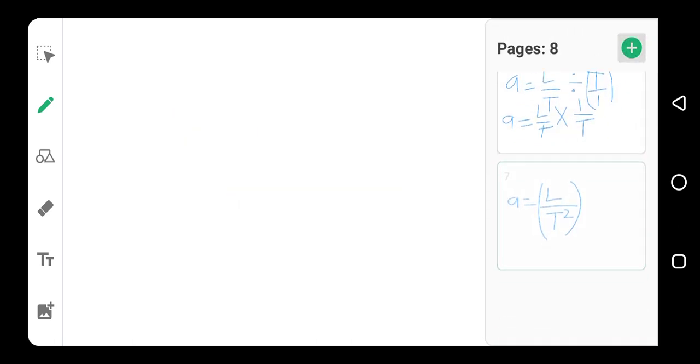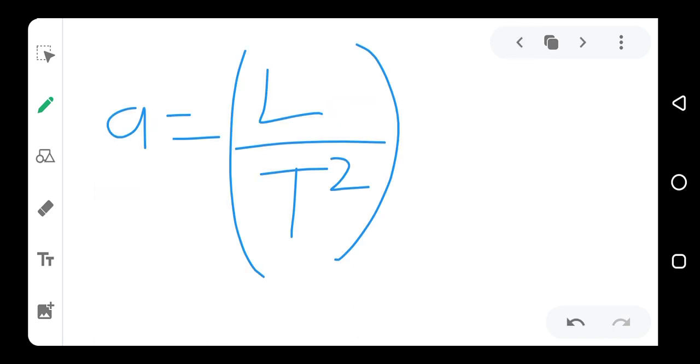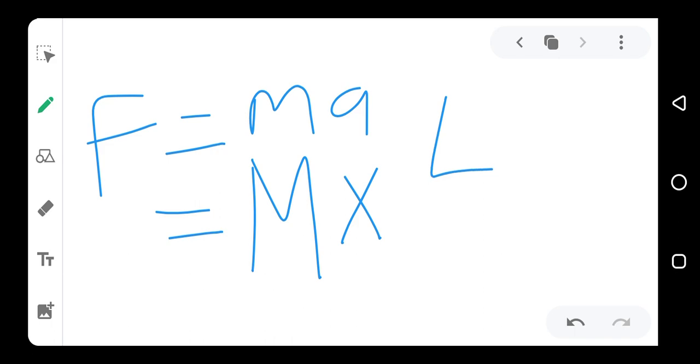So the final thing, we have that force, which is ma, is now equal to m is mass capital M, then times by acceleration, we got it as L over t squared. So L over t squared.